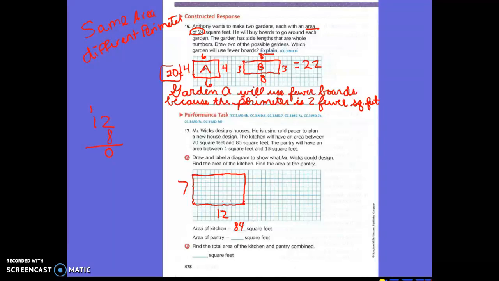So if I did 5 times 1, I'd make 1 out and 5 down. 1, 2, 3, 4, 5. There's my pantry. That's 1 times 5. I have 5 on the outside and 1 going for the width.